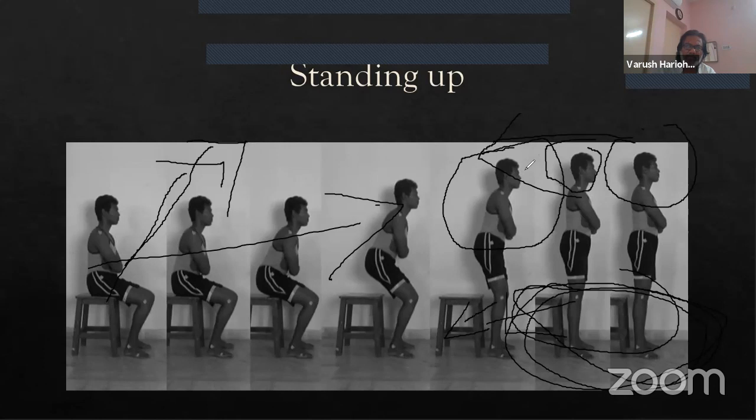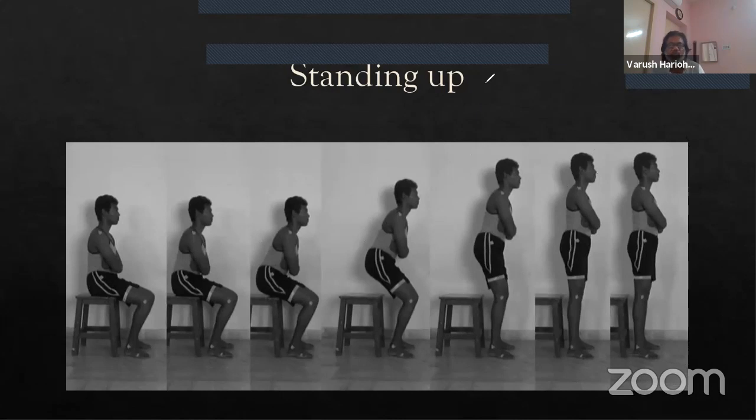So if somebody is trying to understand which are the important muscles you want to remember, there will be a coordination of different muscles from your plantar flexors to your neck muscles. Otherwise, you are not going to stand up properly, right?